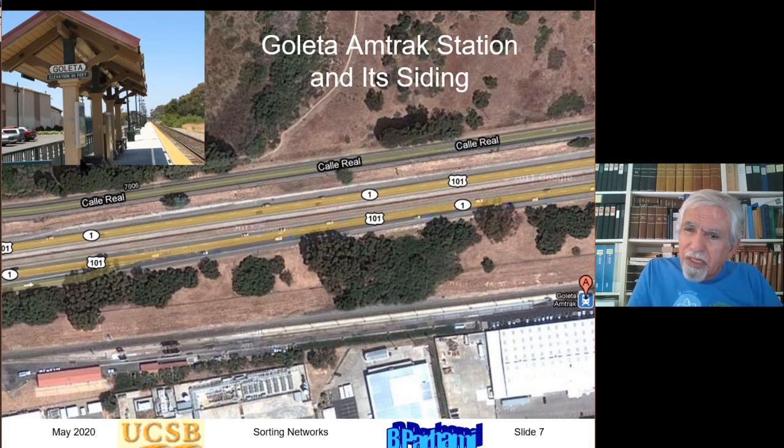It allows people to disembark and embark on the train, and then the train leaves and joins the main track on the other side of the station. There is a parking lot there where passengers and people picking them up or dropping them off can park.